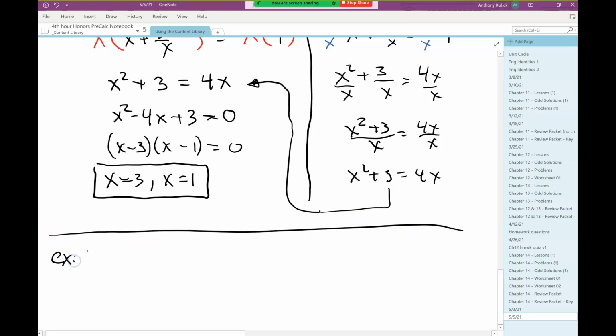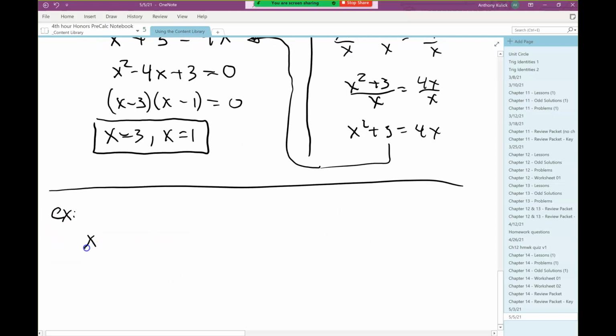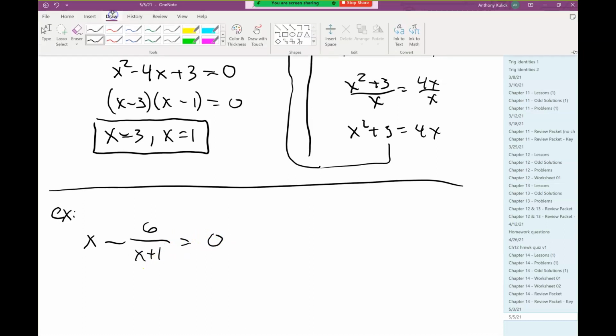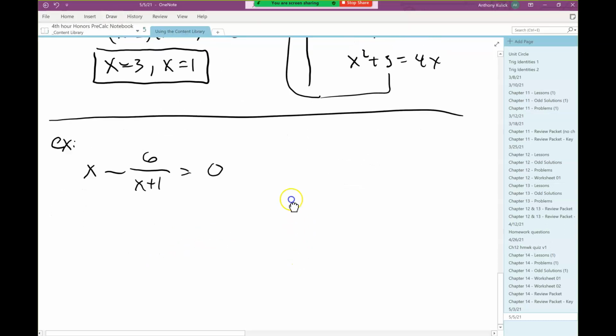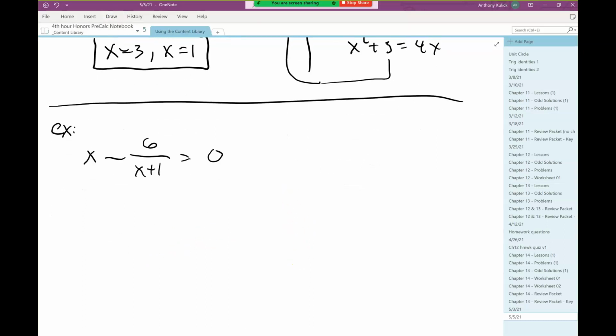So let's do another. What would be the least common denominator for all the fractions here? X plus 1, right? Everybody good with that? So I'm just going to do clearing fractions this time.